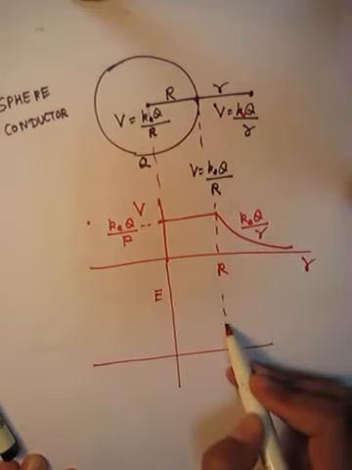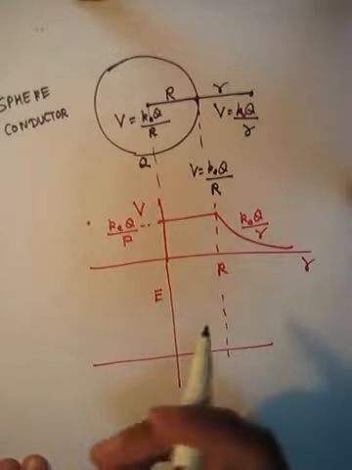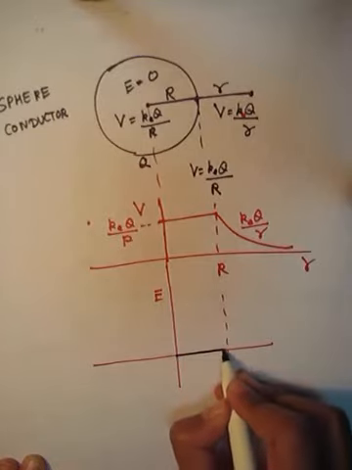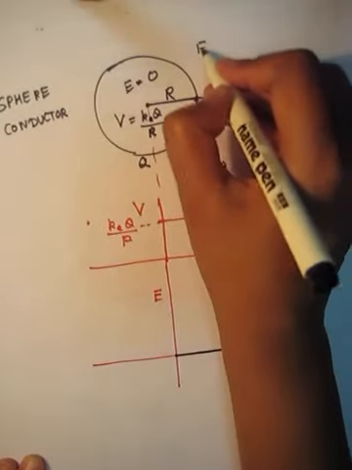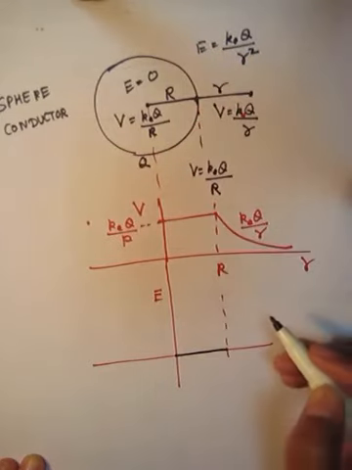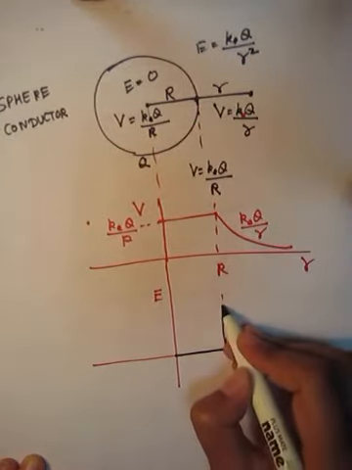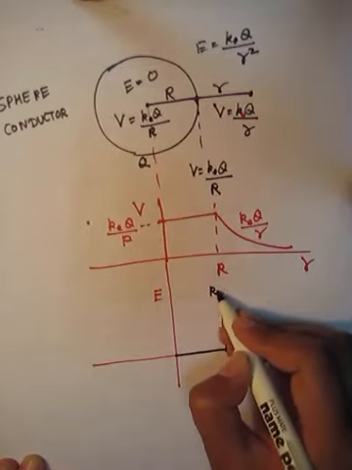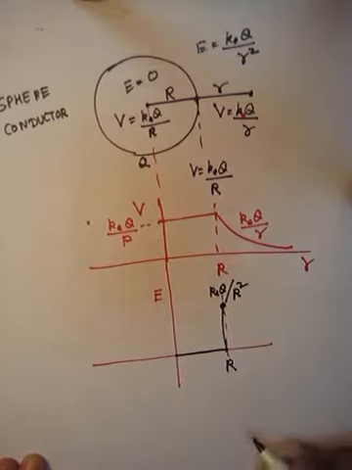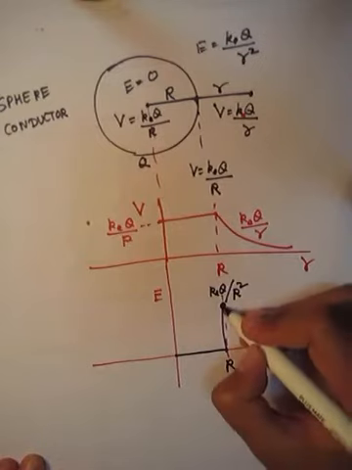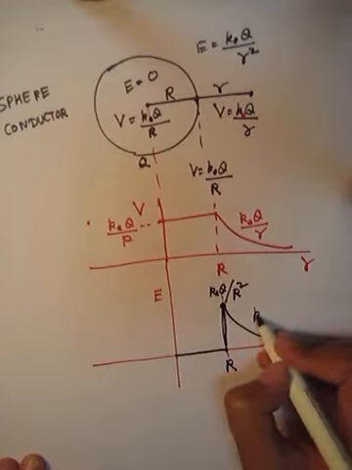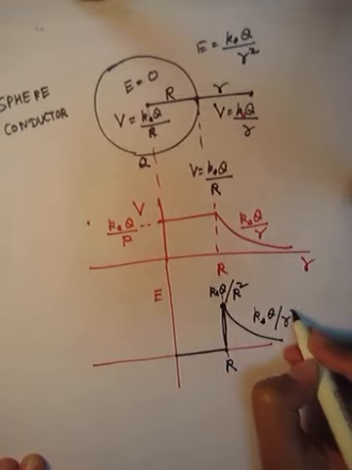How will the electric field vary? You know that inside a conductor the electric field is 0, and outside it is KeQ upon r square. On the surface it will be KeQ upon capital R square, because small r is equal to capital R, and after that it will decrease as KeQ upon r square.